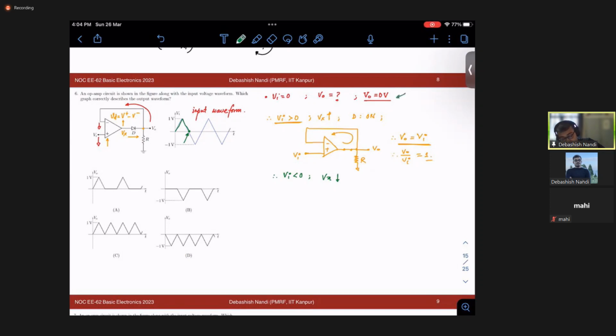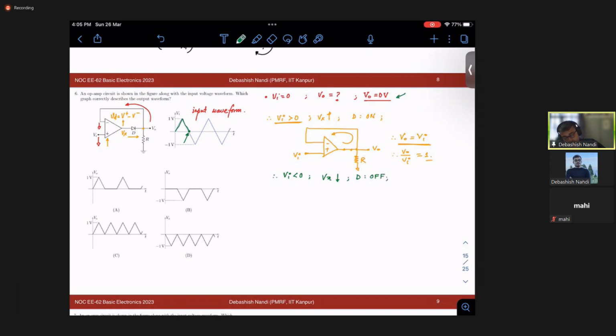From this condition, at this point, my V out is 0. So the N terminal of the diode is connected to 0. Now if I try to apply a negative voltage at the positive terminal, the non-inverting terminal of the op-amp, the output or Vx will try to go down, right? If Vx tries to go down, then simply my diode will be off, right?